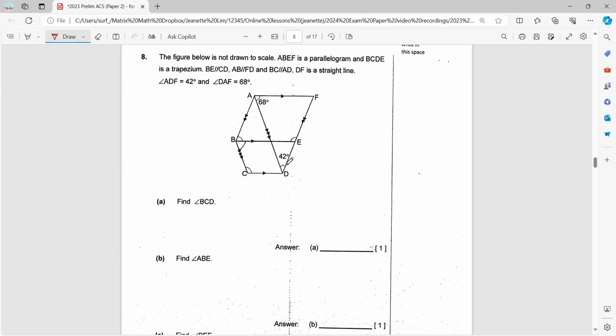Then we have 42 degrees, 68 degrees. Find angle BCD. This angle over here. How can we find angle BCD? First, angle BCD is 180 minus this.